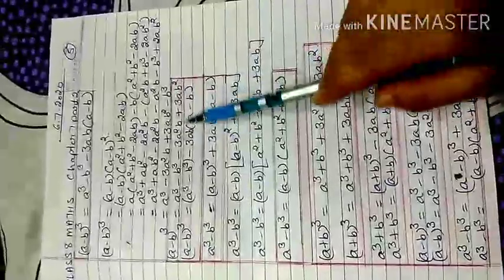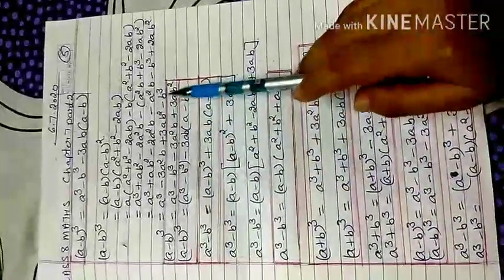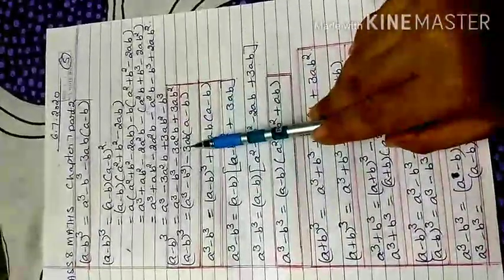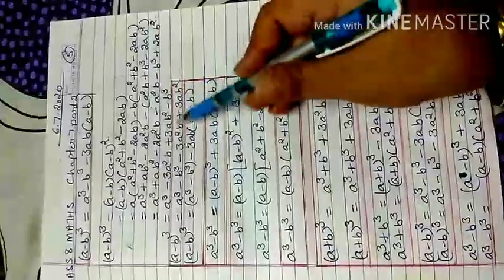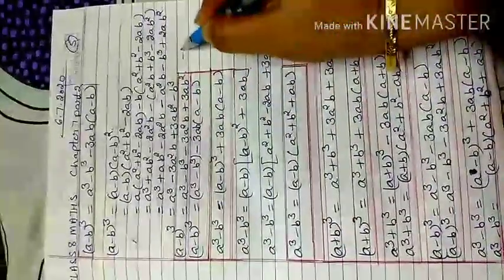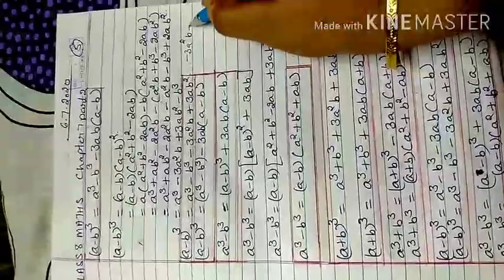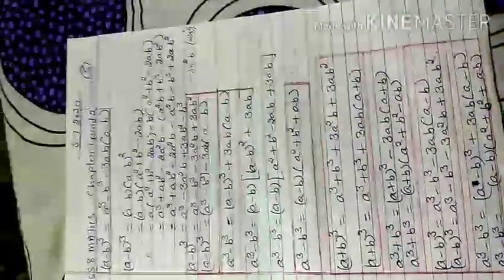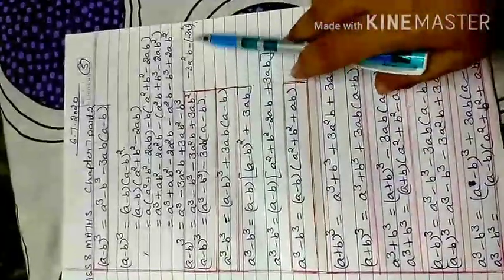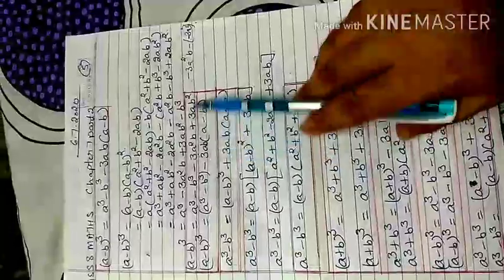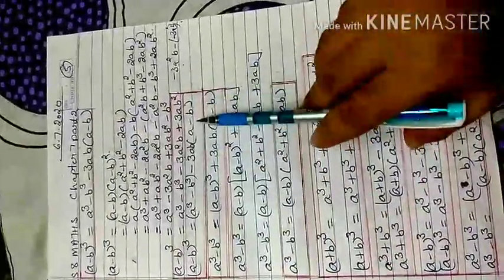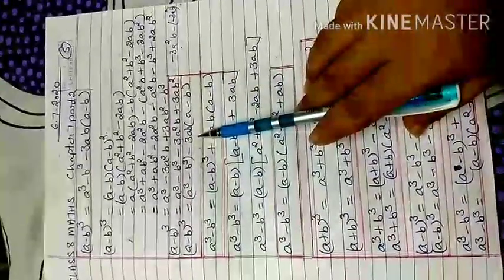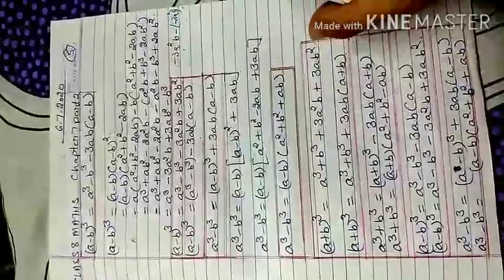If you take the negative sign common as well, taking -3ab common, because the meaning of this term is -3a²b and -3ab², so if you take negative 3ab from both the terms, here only a is left and here only b is left, then -3ab is kept outside the bracket, and (a-b) is left inside the bracket.